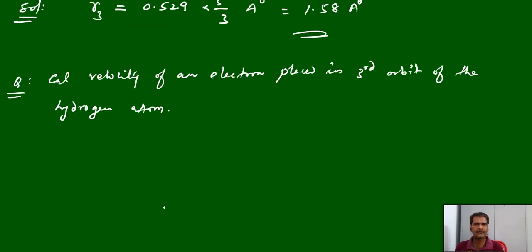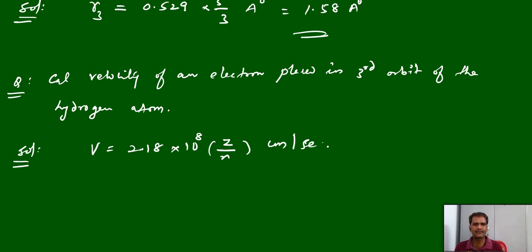Again velocity v is equal to 2.18 into 10 power 8 z by n. This is in terms of centimeter per second. Again, choose the unit accordingly. If they give meter per second in the options, you convert accordingly.